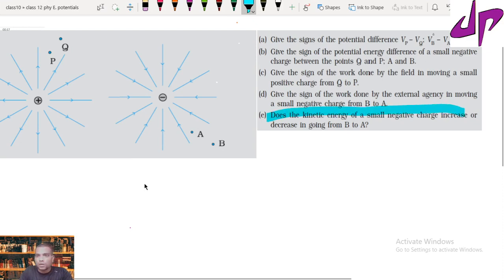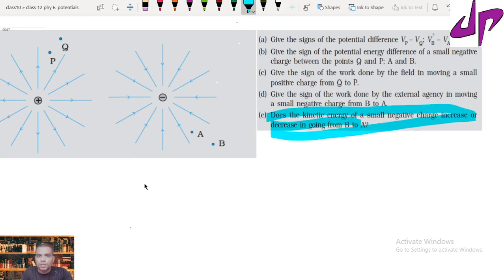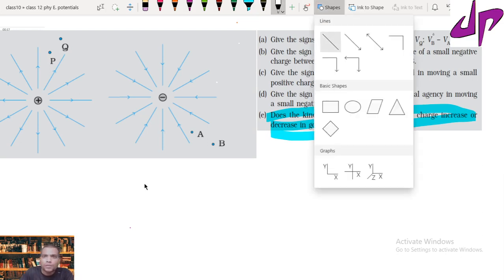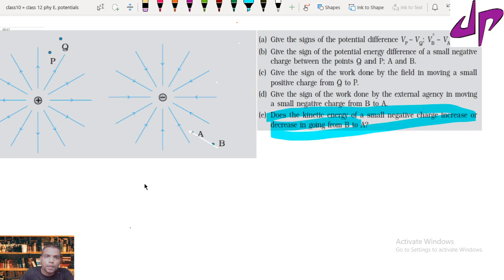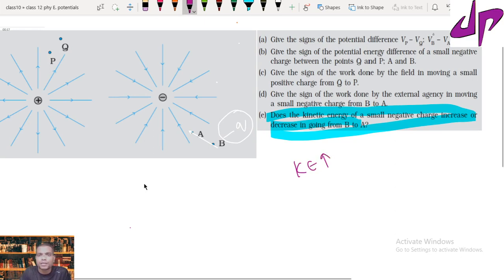See, the last part in this question: does the kinetic energy of a small negative charge increase or decrease in going from B to A? The negative charge is going from B to A, and we have to look at the source charge.